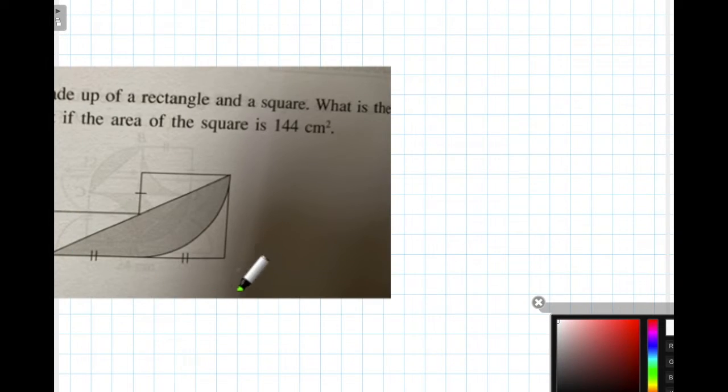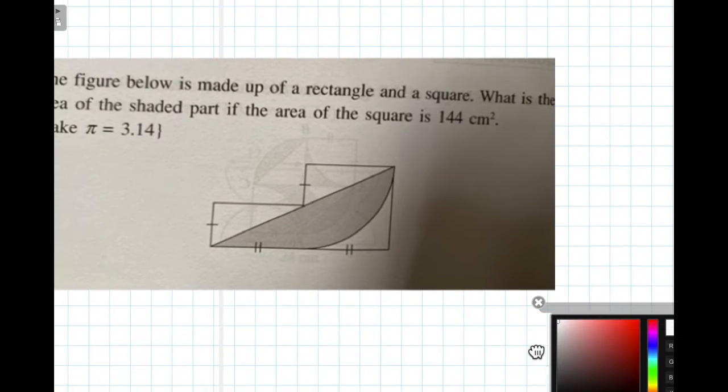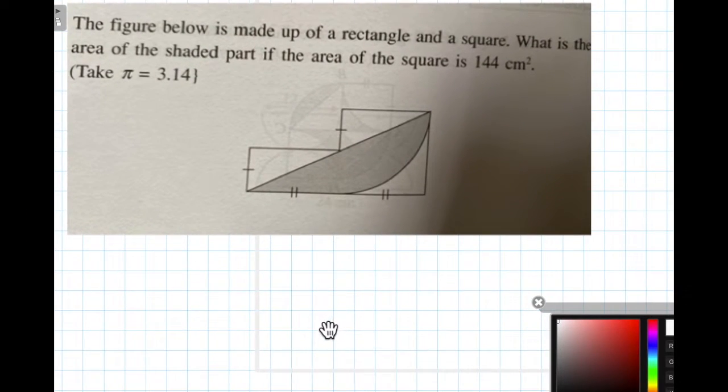Okay, let's go to this question. Move this over. A mix of a rectangle and a square. Okay, rectangle and a square. Will this tell you that it's a rectangle and a square? Square is here.